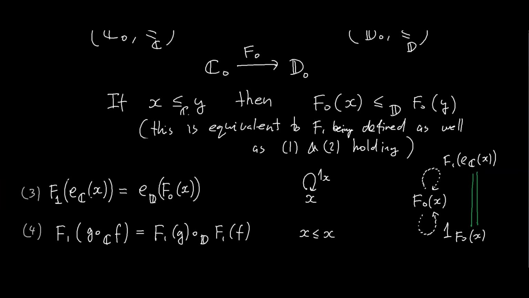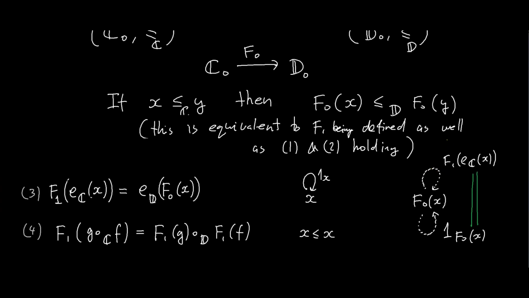Because the identity arrows are always equal, they are unique. But how do we know that this one is an identity arrow? Because there is at most one arrow between objects in the category. That's right. Yes, thank you, Mick.